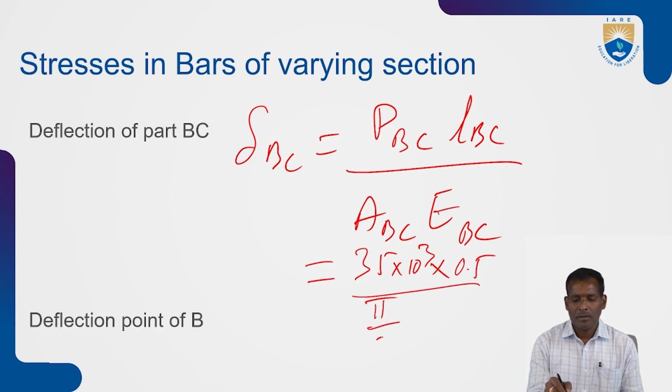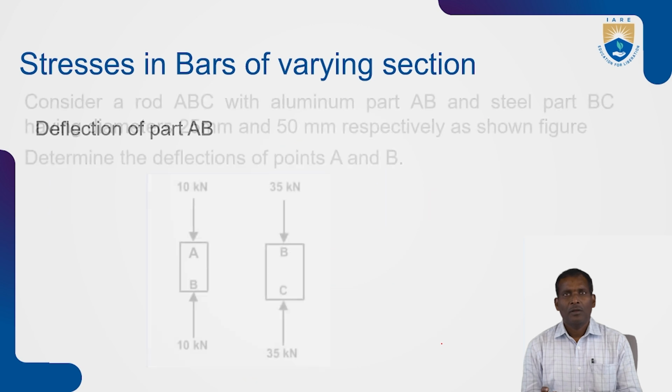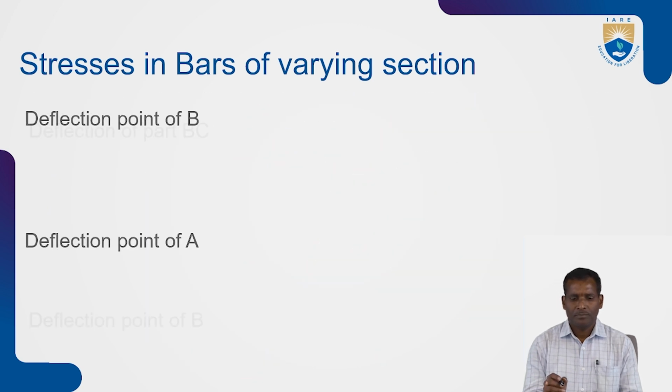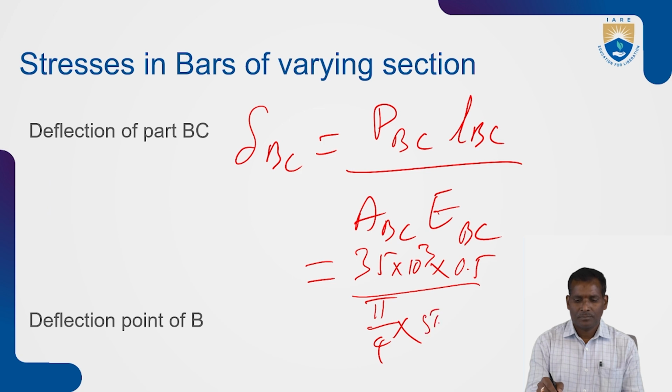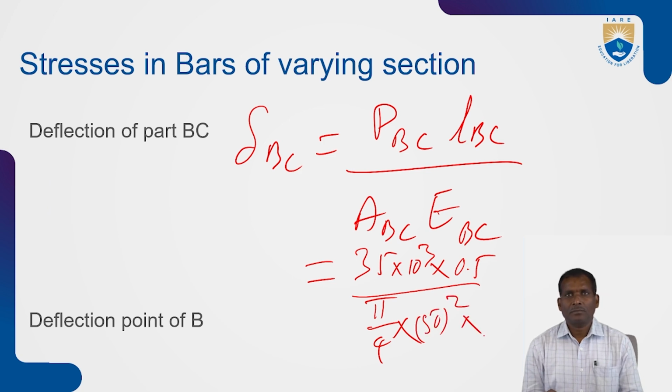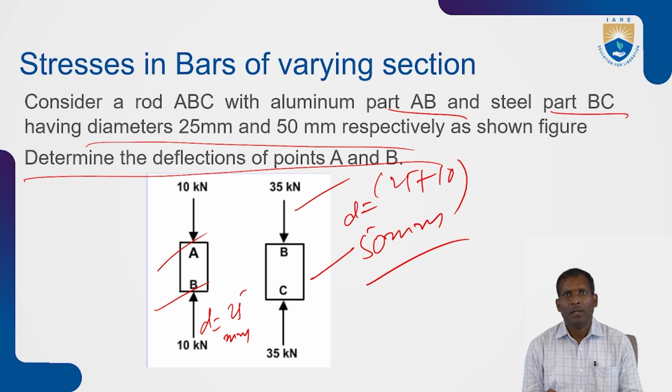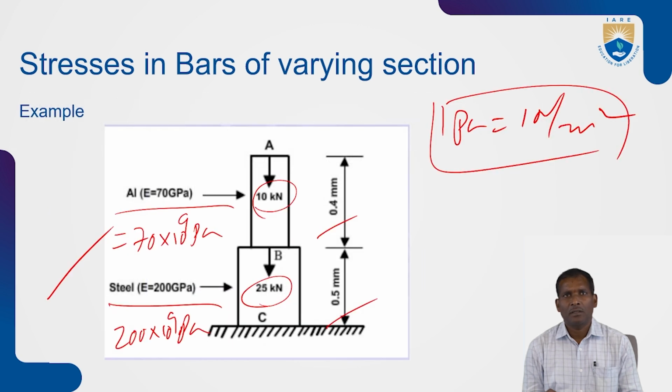The area is pi by 4 into 50 squared. And here the E value is 200.